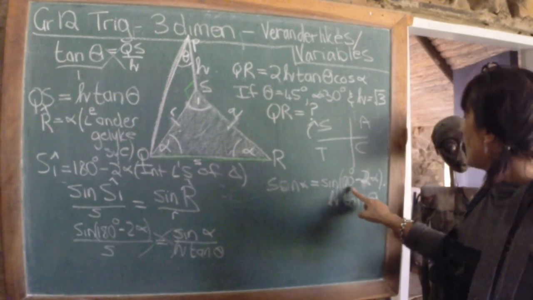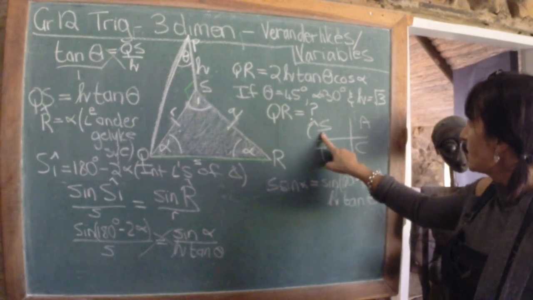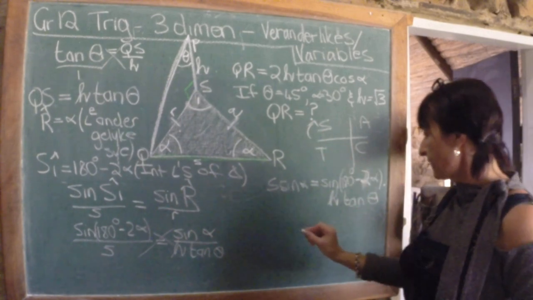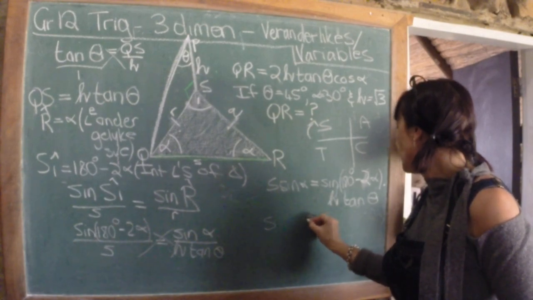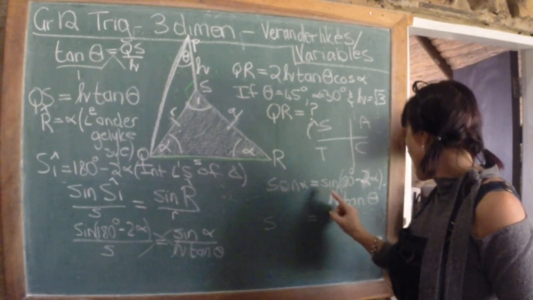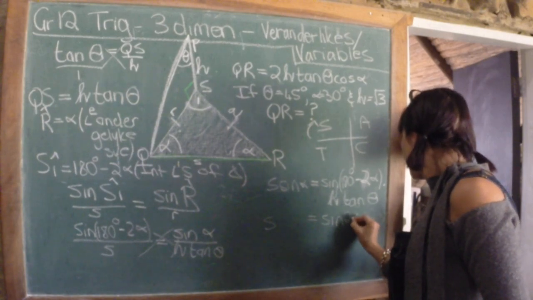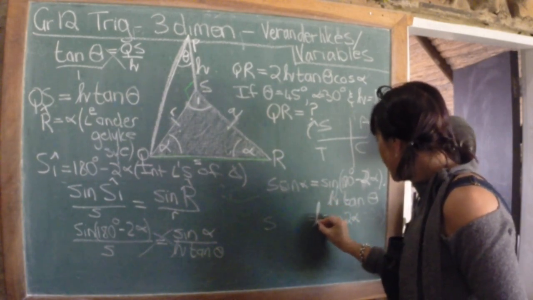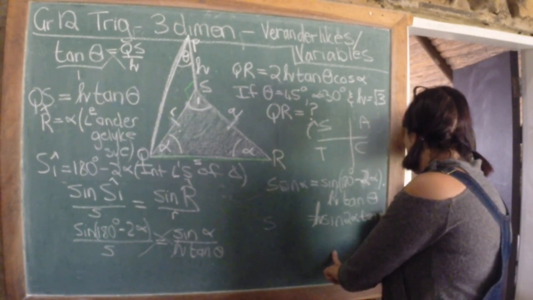So now we can apply this reduction formula. The 180 minus for sin is positive. So I've got s sin alpha, that's positive, sin of 2 alpha times h, I'm going to write it in front, the tangent of theta.